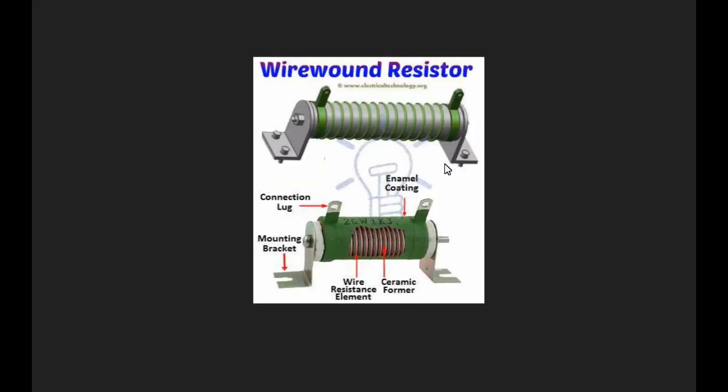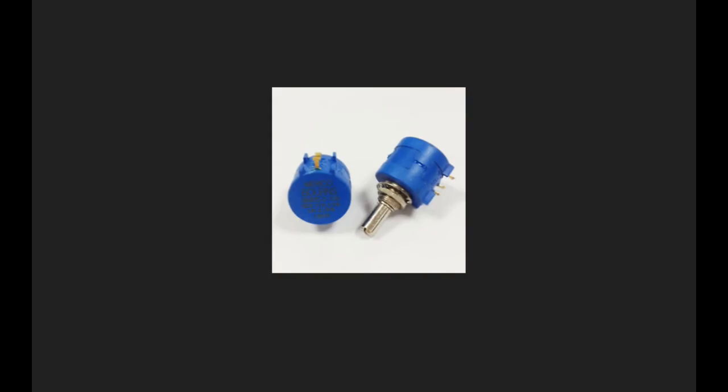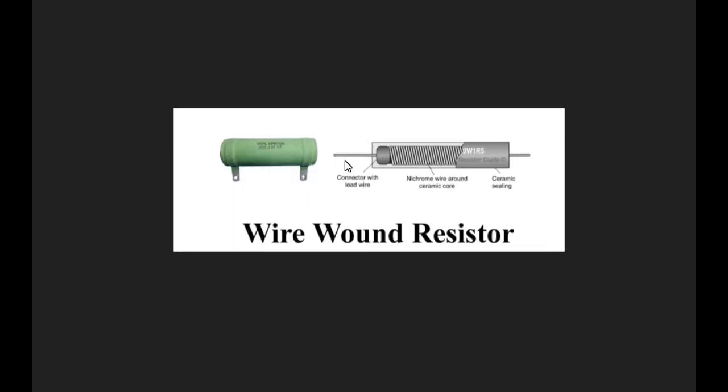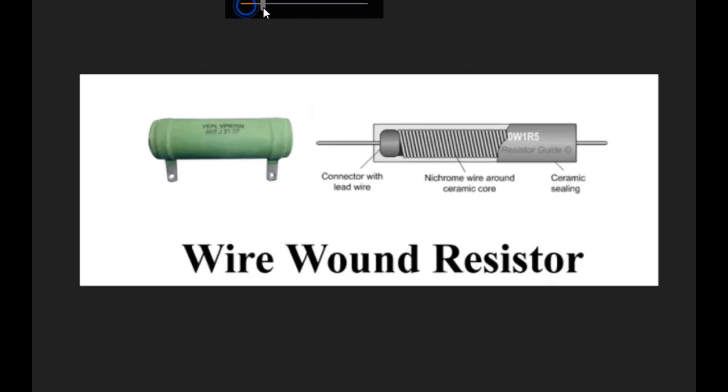This is the inside structure of a standard wire wound resistance. This is a ceramic rod, and the wire is wrapped outside the ceramic tube. This is another example of a wire wound resistance.